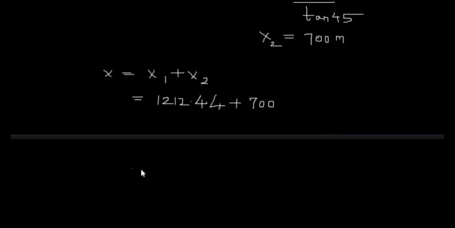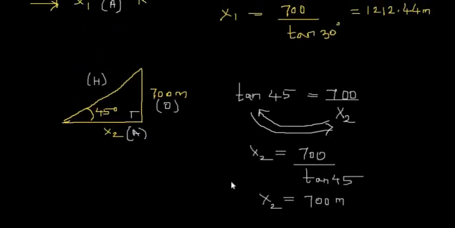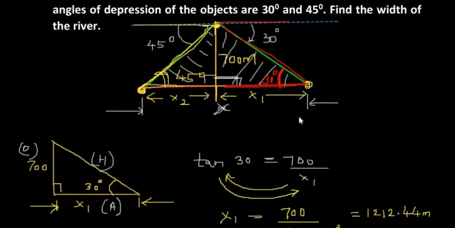So that gives us 1912.44 meters. So this is the distance or the width of the entire river.